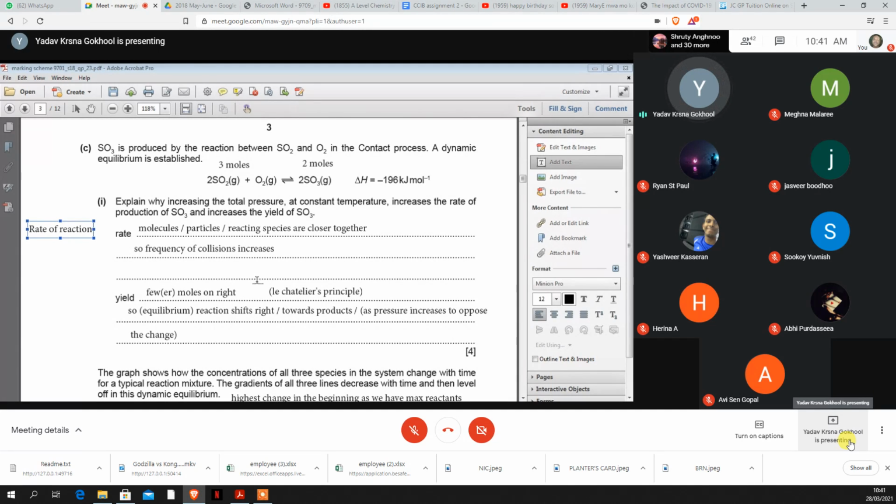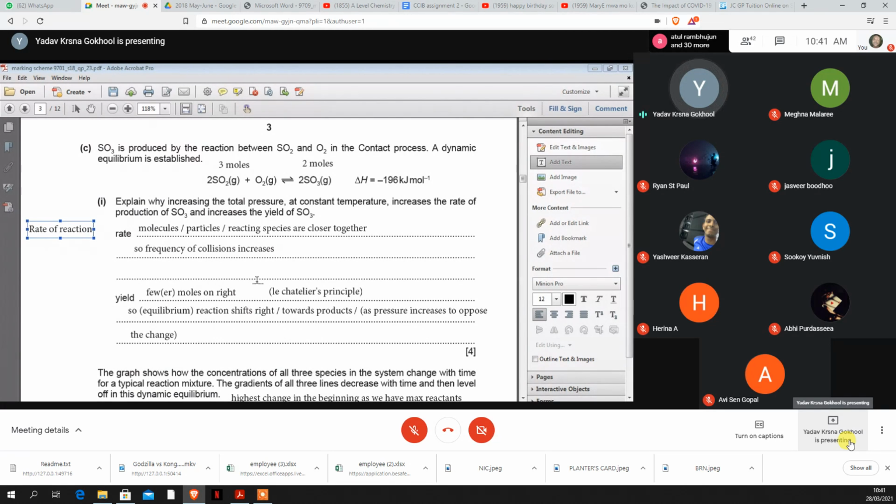I hope that you got the answers. Because it is easy to lose one mark. You can see that 1 mark is given for the particles being closer together.